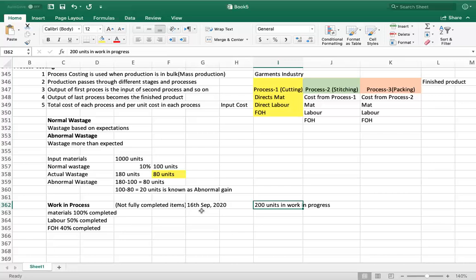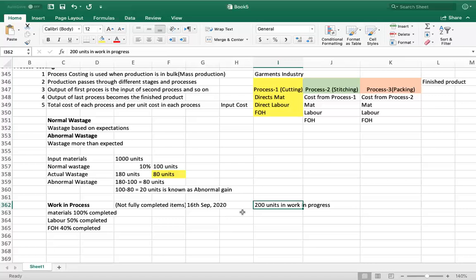For example, our working hours are 9 a.m. to 5 p.m. Today we finish whatever we finish, and still we have 200 units in work in progress. So these 200 units we did not complete today. Is it our closing or opening?